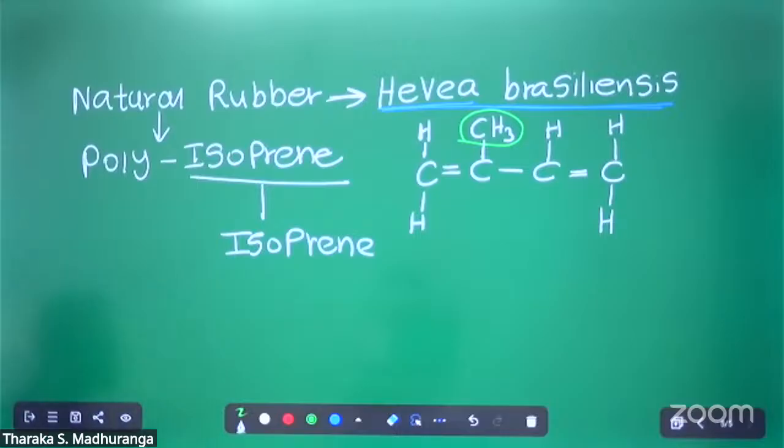Any idea? Quickly. I can help you. The polyisoprene is a linear structure. No idea?